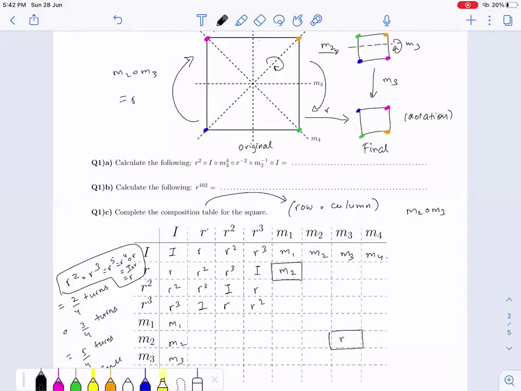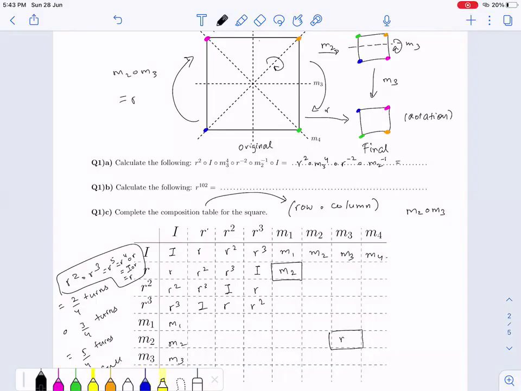Okay, so first of all, we can get rid of all the i's because composing with the trivial rotation doesn't do anything. So this is r squared composed with m3 to the 4 composed with r to the negative 2 composed with m2 inverse.